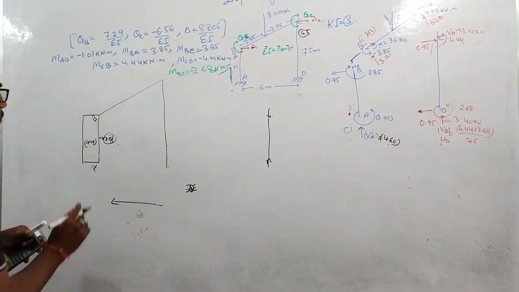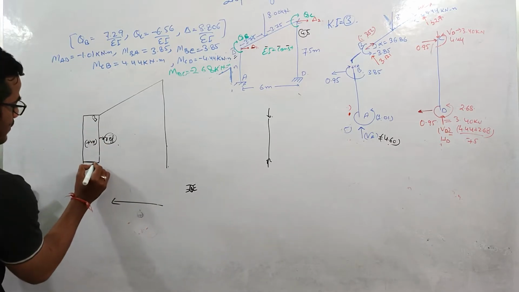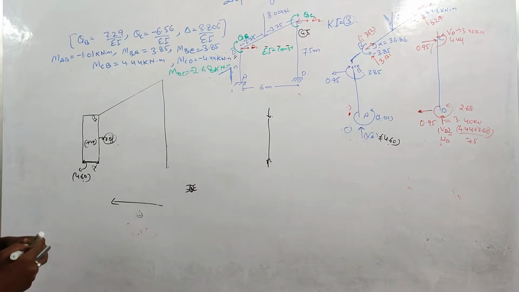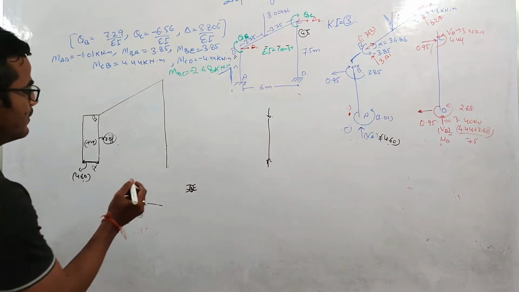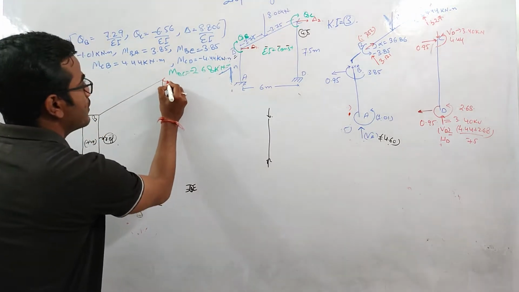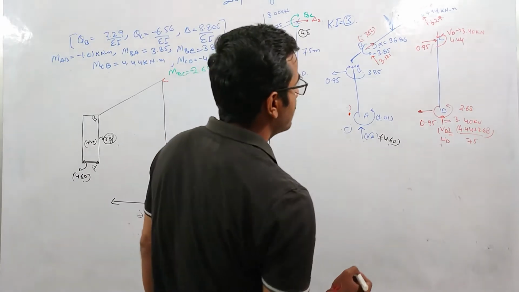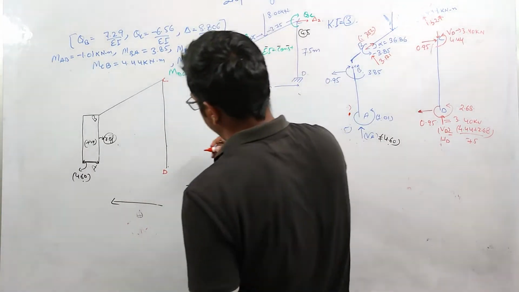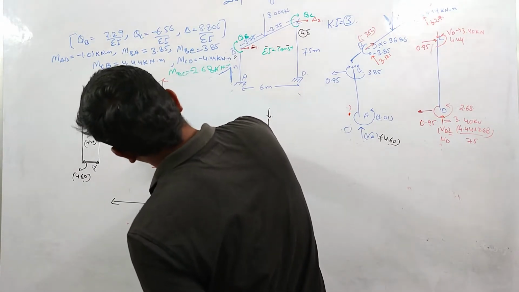So this is AB. For AB, the value is 4.60. Now, if we look into this DC member, this DC member is again under compression, and the value is 3.40, and it is uniform basically.